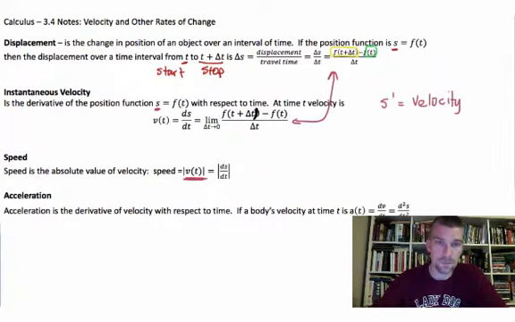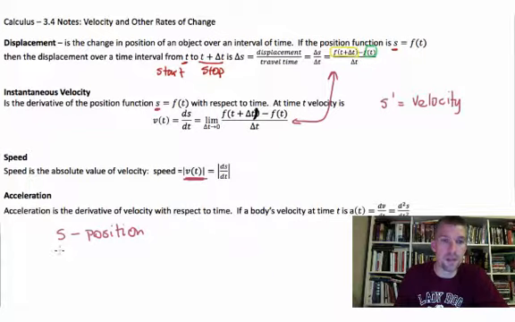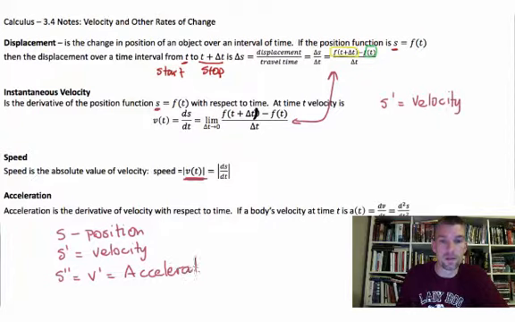All right. Last thing is acceleration. So acceleration is the derivative of the velocity. So if my position function is s, okay, this is position, and if s prime is velocity, then s double prime, which is equal to v prime, will be equal to my acceleration.